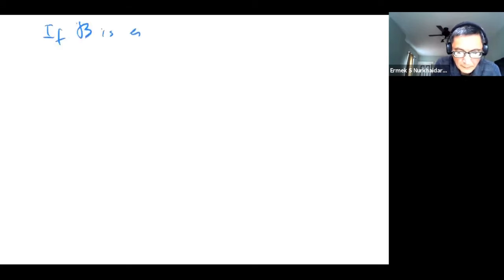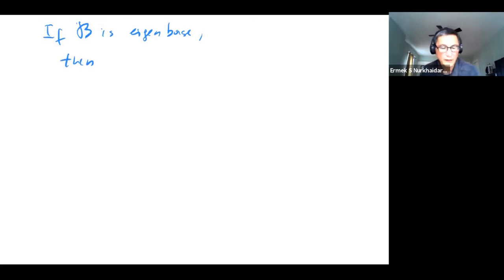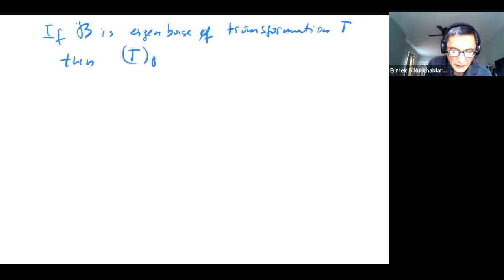If you remember, if you have an eigenbase, so B is an eigenbase of transformation T, then transformation T written in base B is going to be a diagonal matrix.